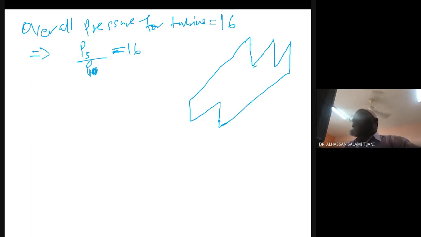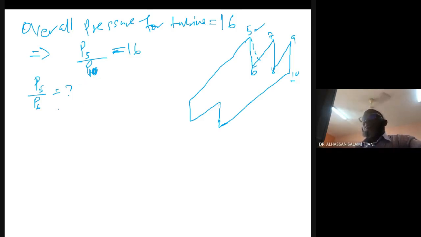So we focus our attention over here. This is 5, 6, 7, 8, 9, and 10. The overall pressure ratio from 5 up to 10 is given by 16. So how do I get P5 divided by P6? That's the next thing we need to know.